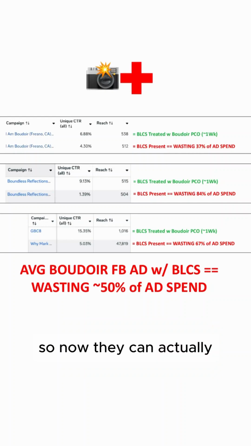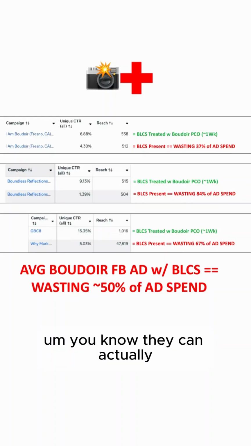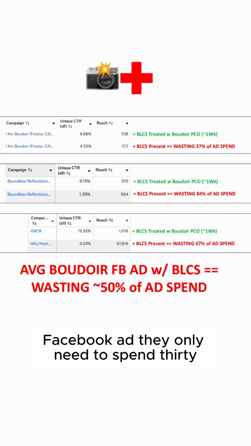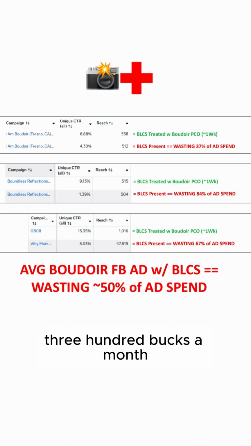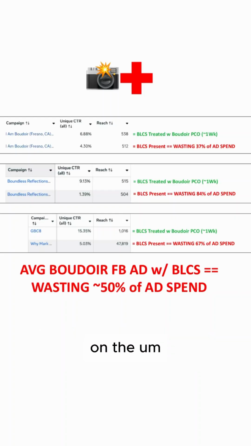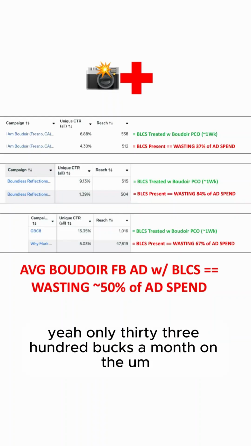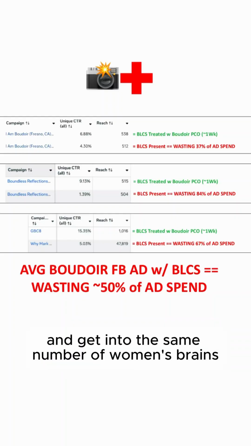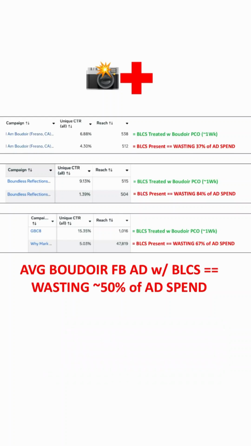So now if they spend 10 grand a month on the original Boudoir Facebook ad, they only need to spend 3,300 bucks a month on the Boudoir Pico treated ad and get into the same number of women's brains.